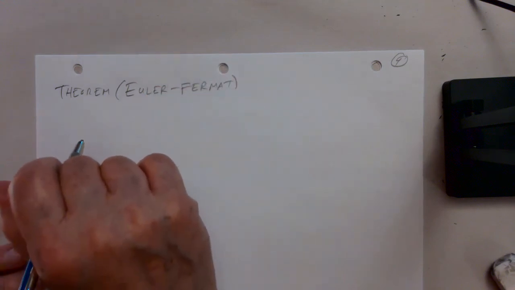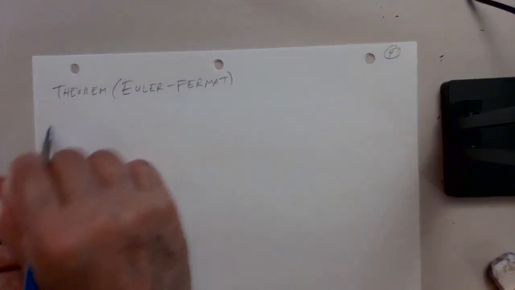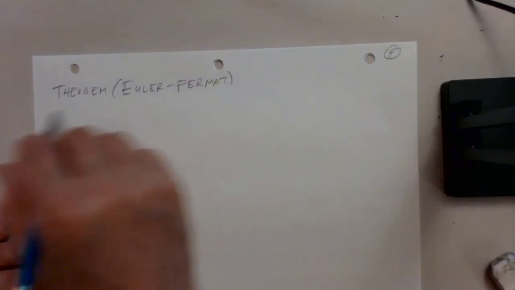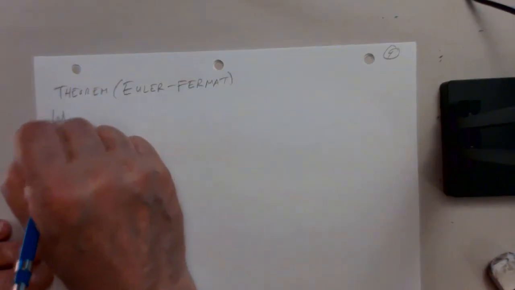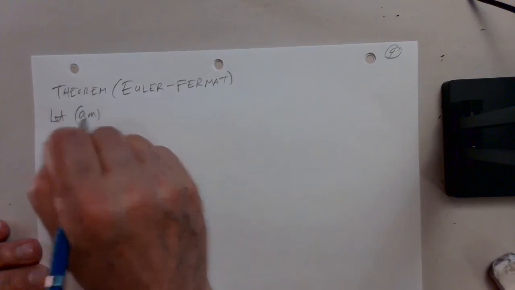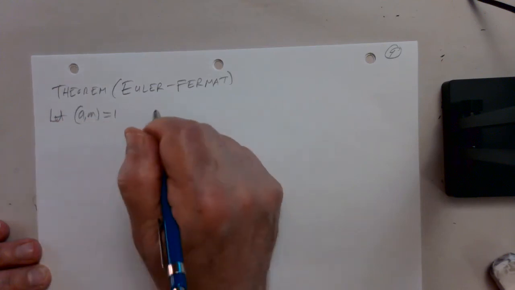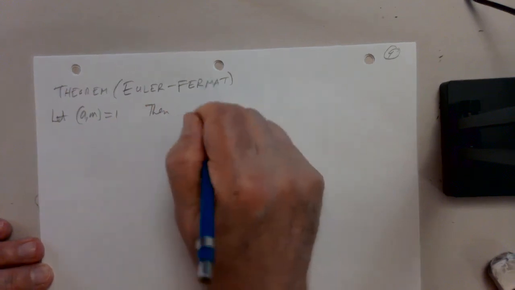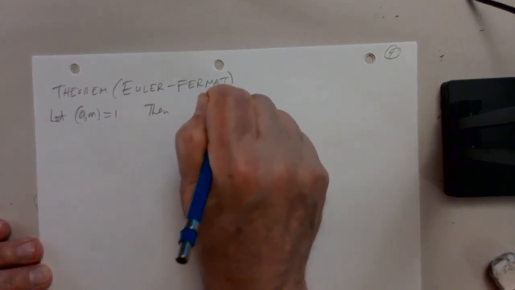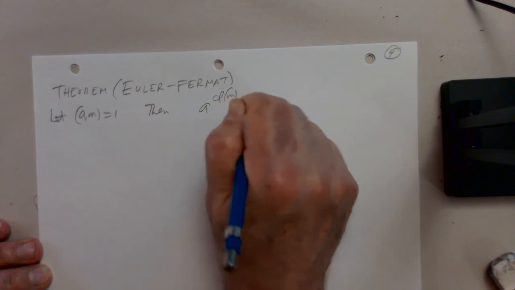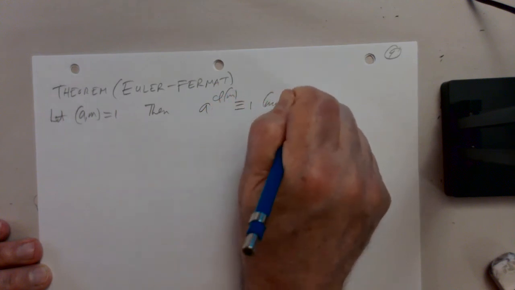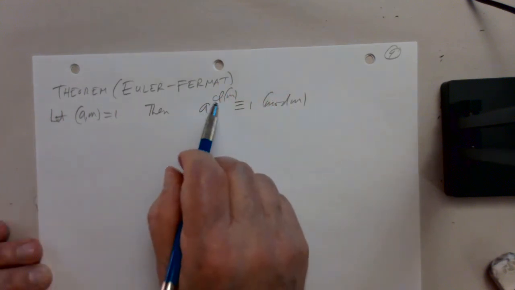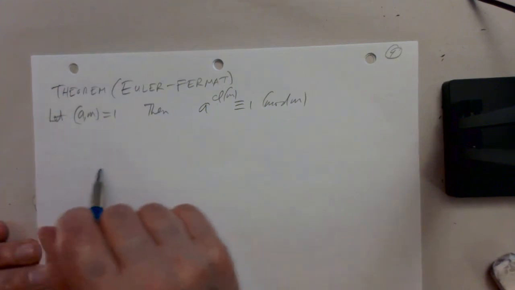And it says the following: let A be an integer relatively prime to M, then A to the power phi of M is congruent to 1 mod M. Phi of M is the Euler phi function.